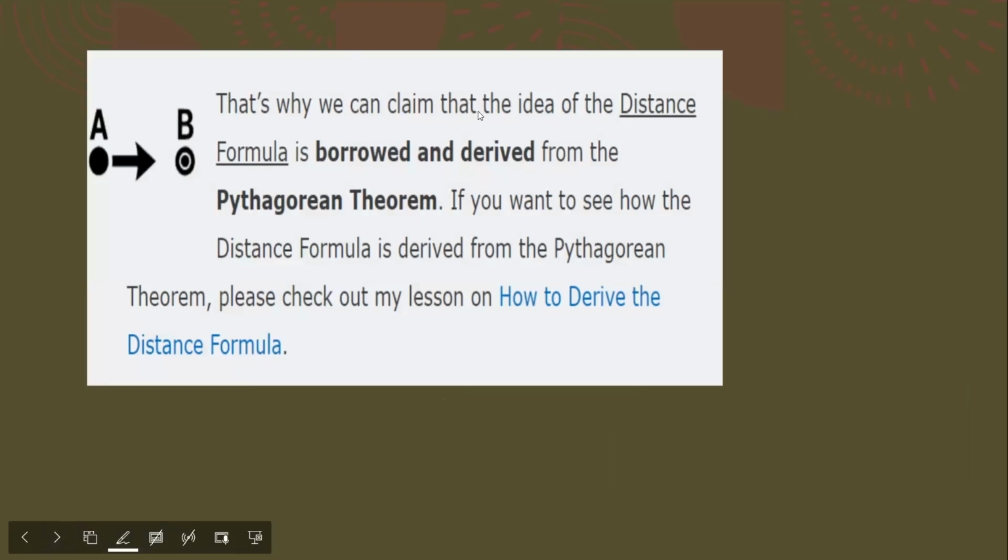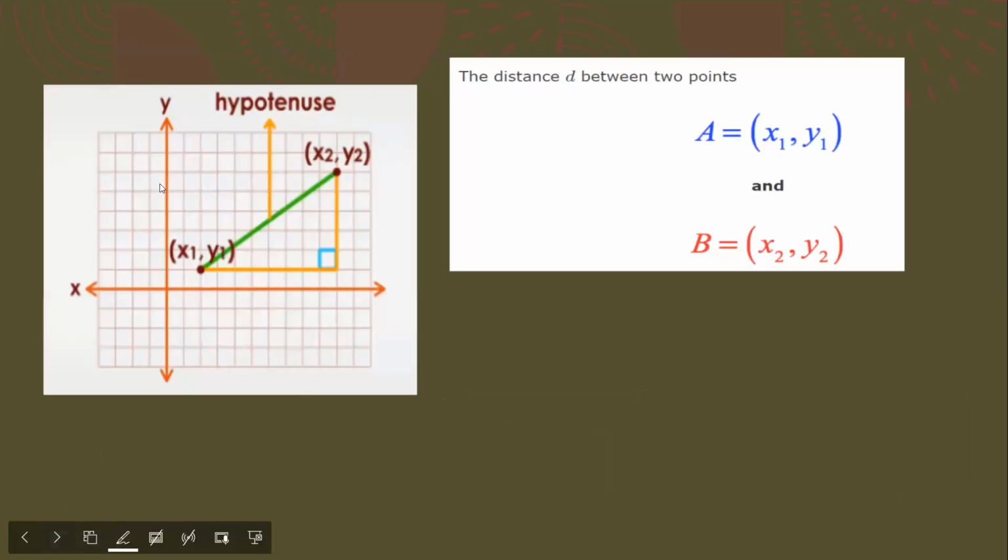That's why we can claim that the idea of the distance formula is borrowed and derived from the Pythagorean theorem. If you want to see how the distance formula is derived from the Pythagorean theorem, please check out my lesson on how to derive the distance formula.